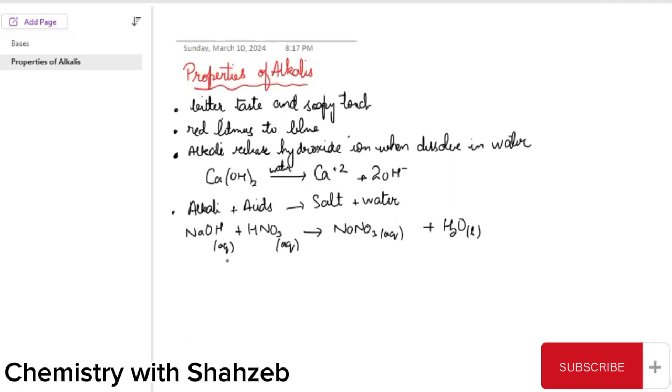So this is the example, but they also ask us to find the ionic equation for that. It is a very important question, often asked in the exam. In order to find the ionic equation, we split them into ions. Only the aqueous forms will be split up into ions.